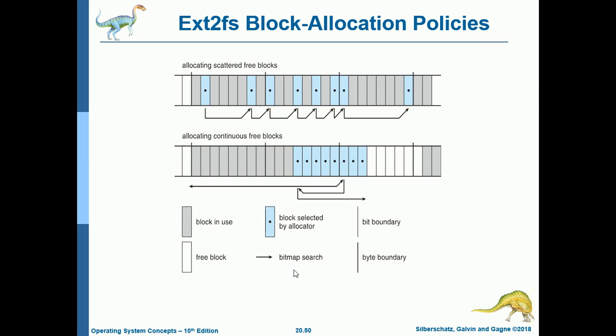Here we have the ext2fs block allocation policies. Each row represents a sequence of set and unset bits in an allocation bitmap, indicating used and free blocks on disk. In this first case, if we can find any free blocks sufficiently near the start of the search, then we allocate them no matter how fragmented they may be.